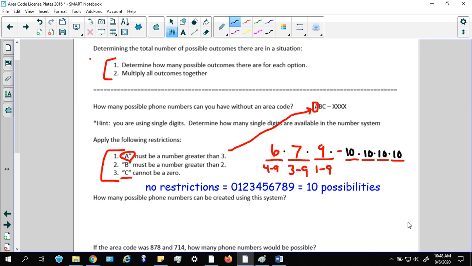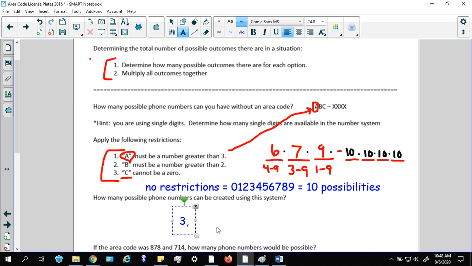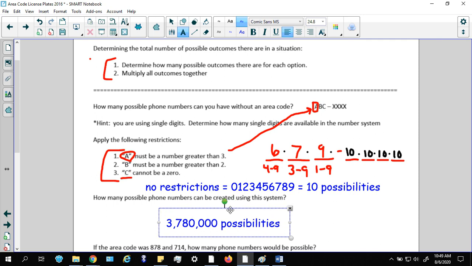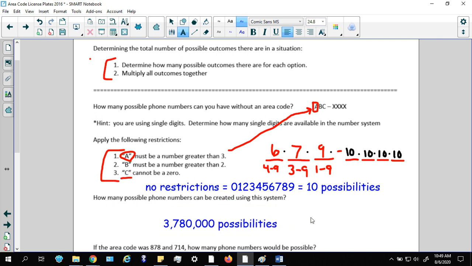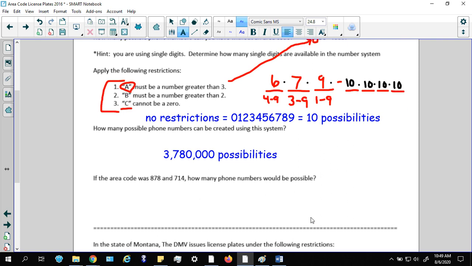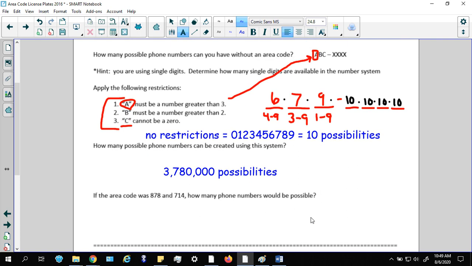So that means I got 3,780,000 possibilities.